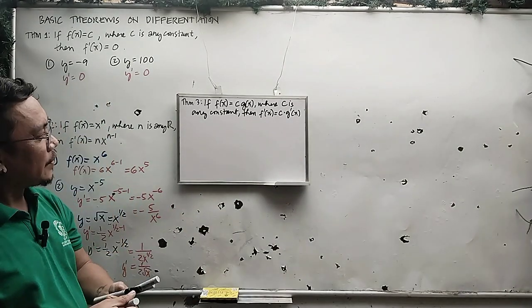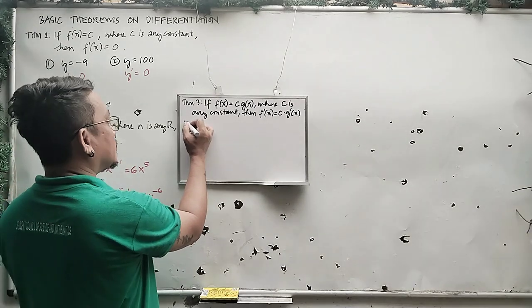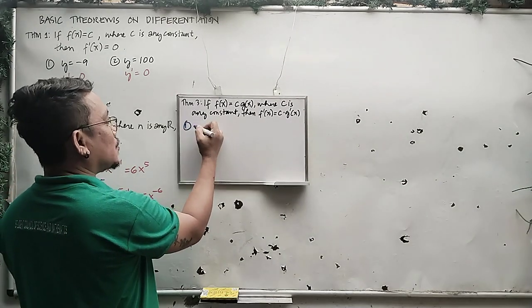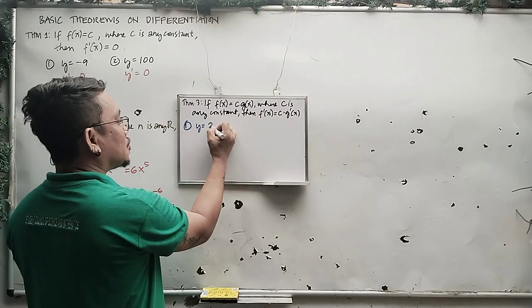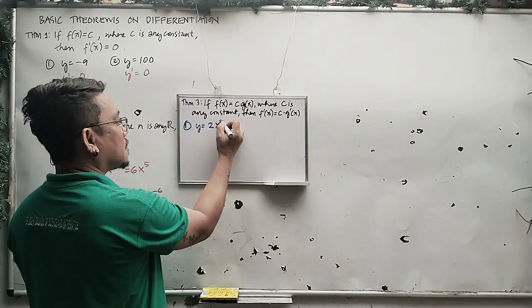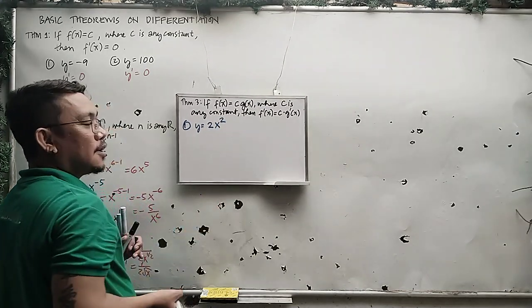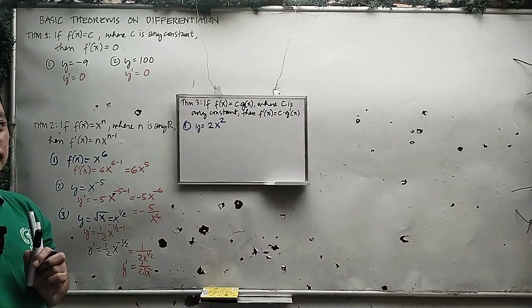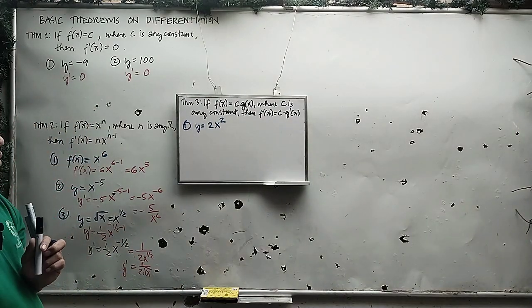Okay. So for example, let's find the derivative. y is equal to 2x squared. What is the derivative?